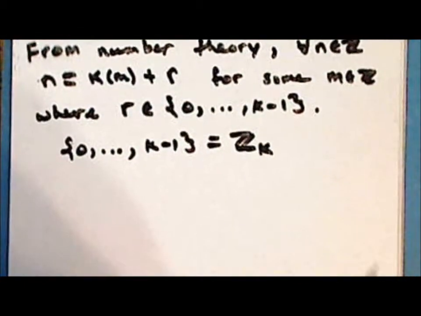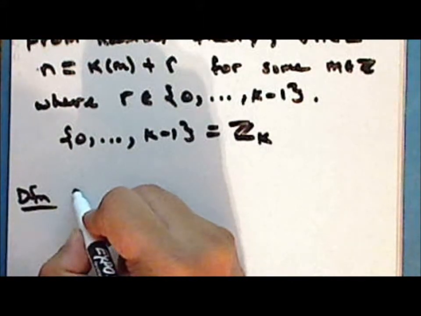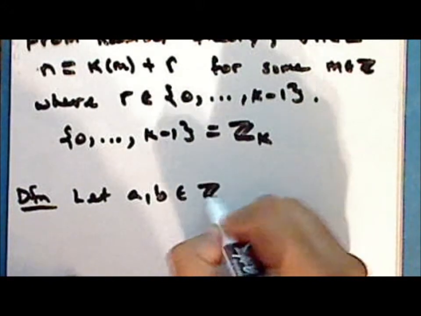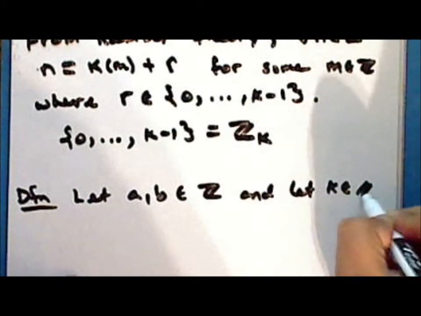So let's define what we mean by congruent modulo k. Let a and b be two integers, and let k be a positive integer.